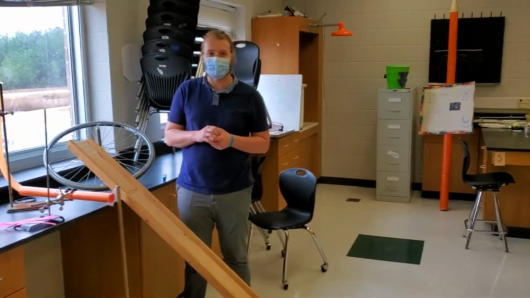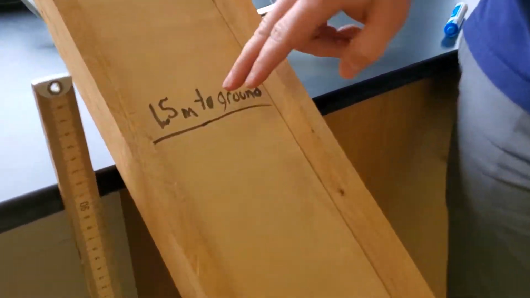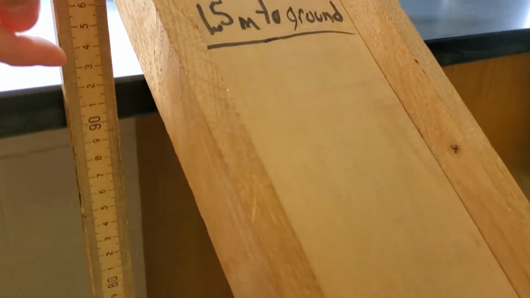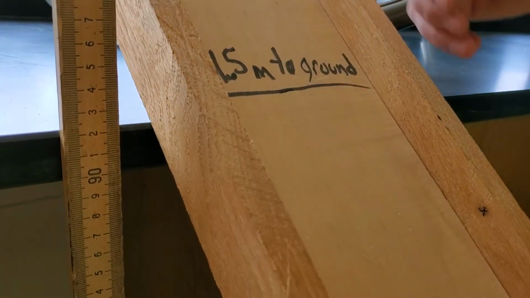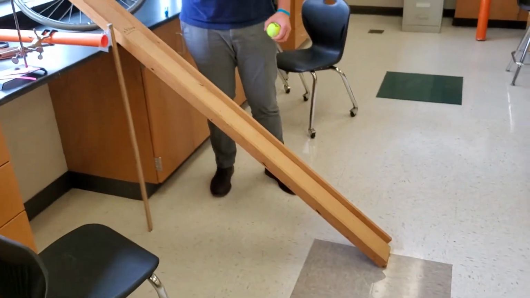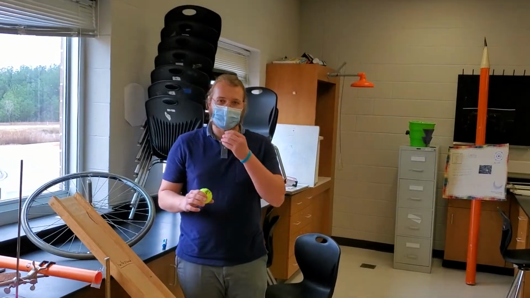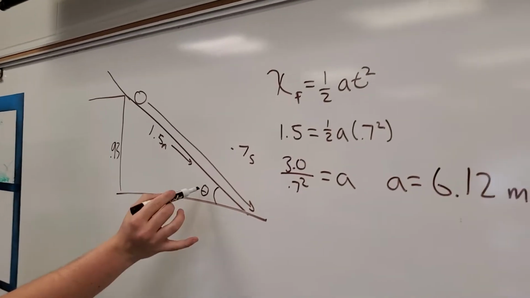So now let's check our work. We said that this ramp is 1.5 meters to the ground, and we measured it out to be 93 centimeters or 0.93 meters straight up and down off the ground. So let's use sine to find our angle, knowing that. Okay, so we want to find out what this angle is.